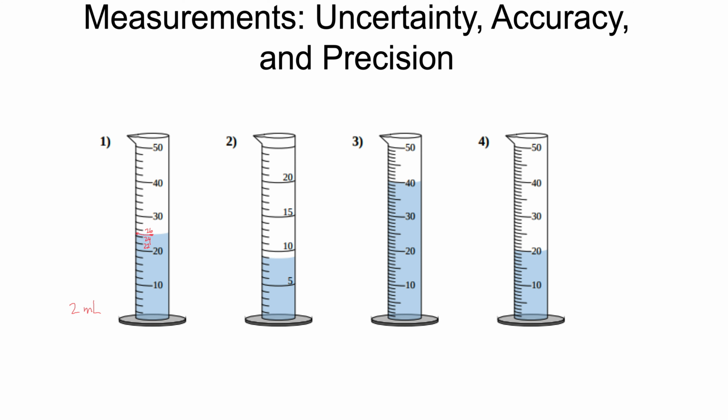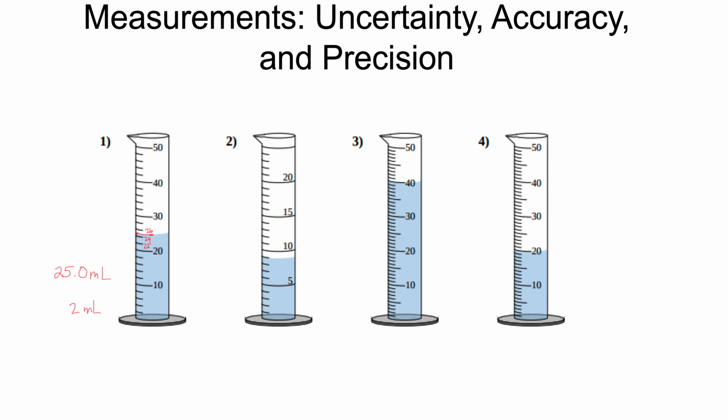And so with this particular situation, we're going to have to say an estimation somewhere between 24 and 26. I think it's pretty close to being right in the middle, so I'm going to say it's 25, and then I'm going to use my uncertain number, 0. And then we'll put our units behind that.